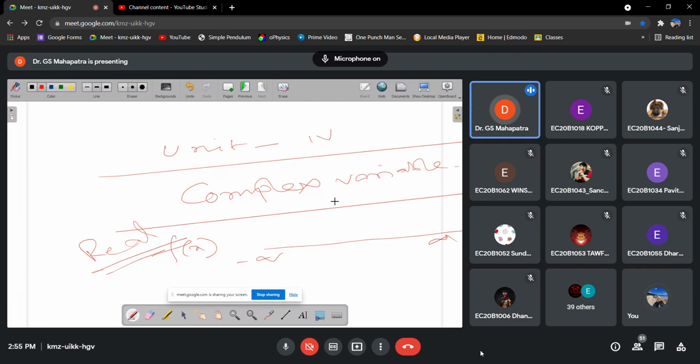You have studied that, I know. Now you have seen z equals x plus iy. So this is actually what? x is the real part, and y is the imaginary part, since i is multiplied.